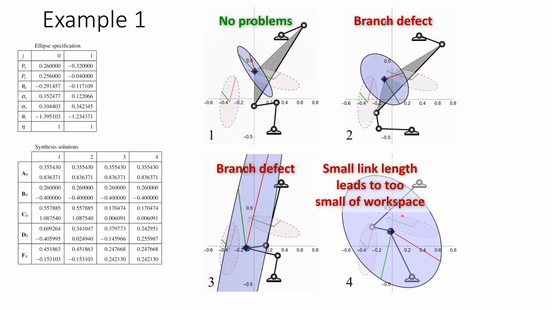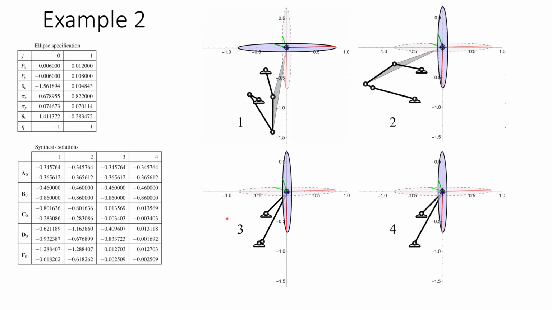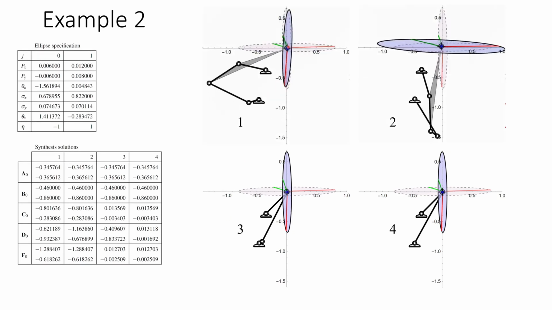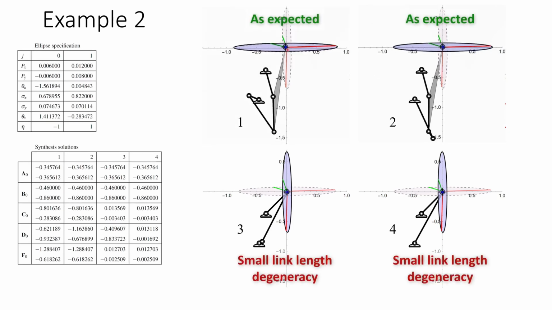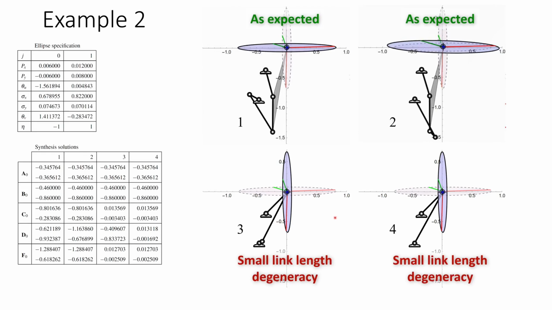would not be usable. For the second example, we specified 2 ellipses at the same point in the configuration space, but with very different force-velocity properties. The first 2 solutions worked as expected. The second 2 solutions contained small link lengths, making them degenerate.